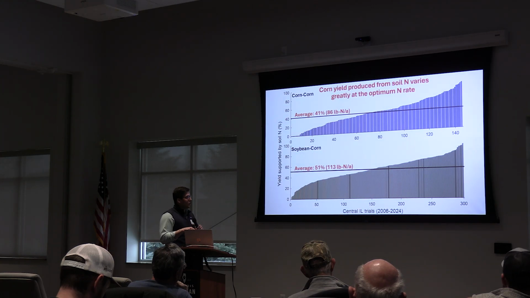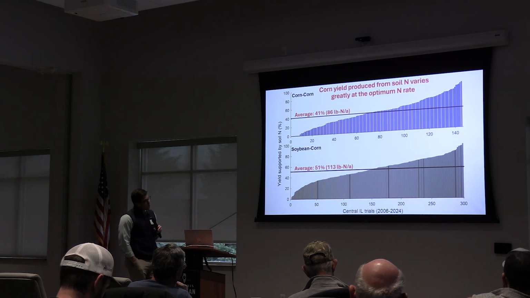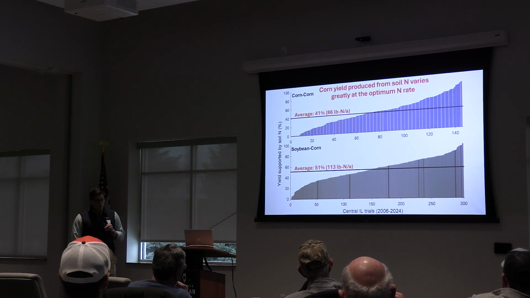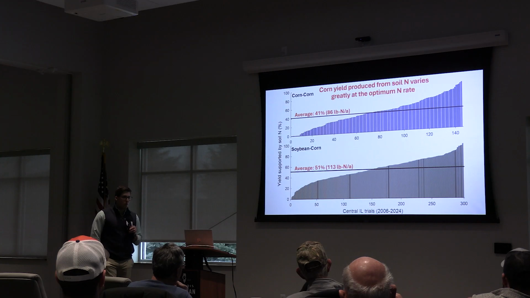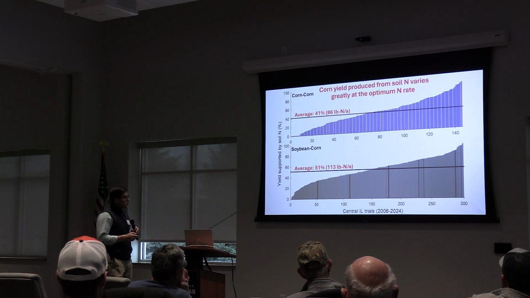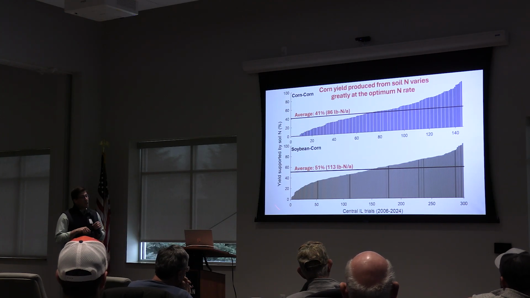And I think I really like showing this graph because it's important that the range of, we'll say, corn yield in this case, supported by soil nitrogen varies quite a bit. This is from our Central Illinois recommendation data set that updates the N rate guidelines. And this is showing the fraction of yield at the optimum N rate.